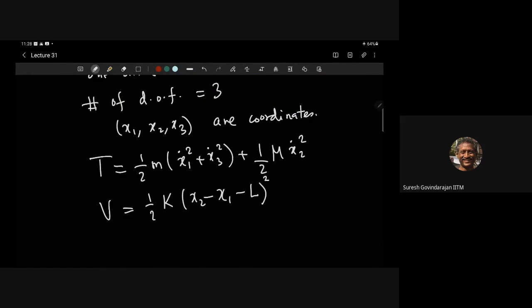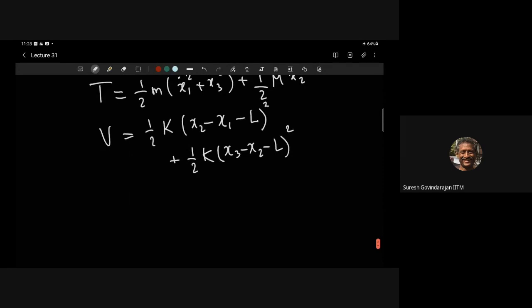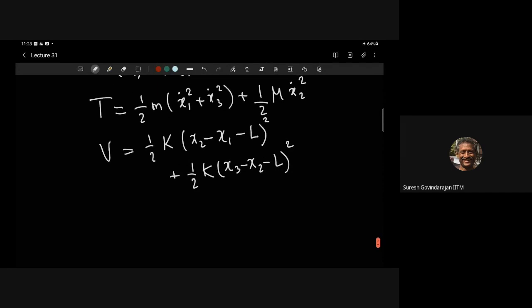Plus half k into x3 minus x2 minus L. Is this correct? Is it minus L or plus L? And now we have got the Lagrangian.